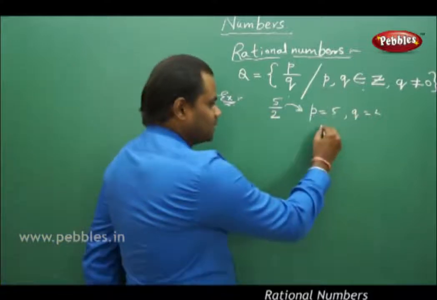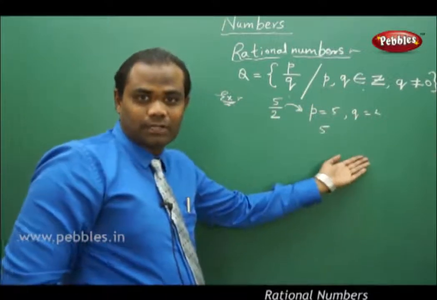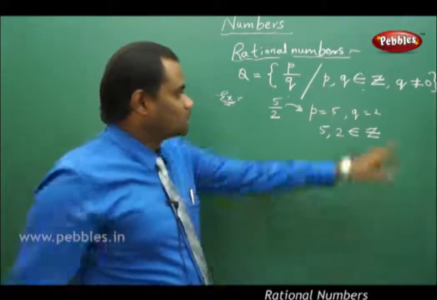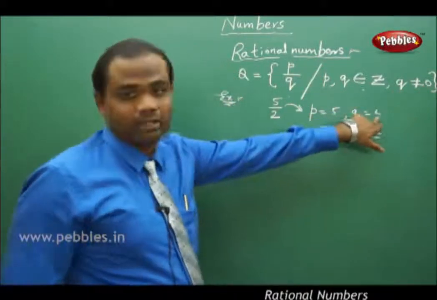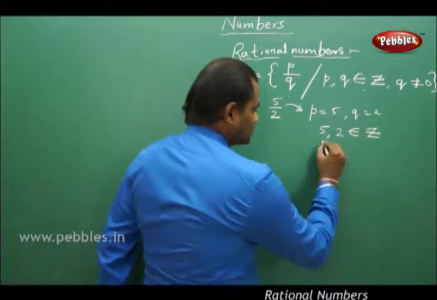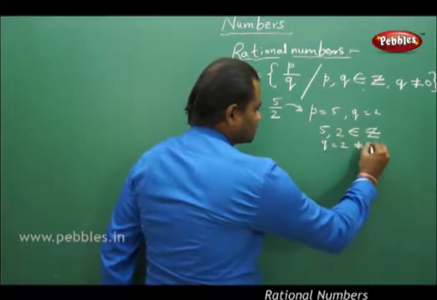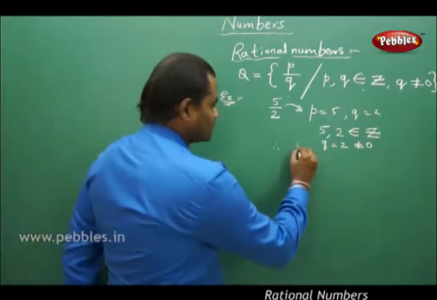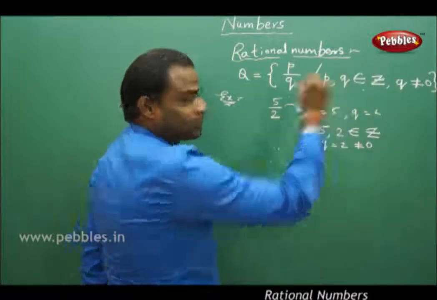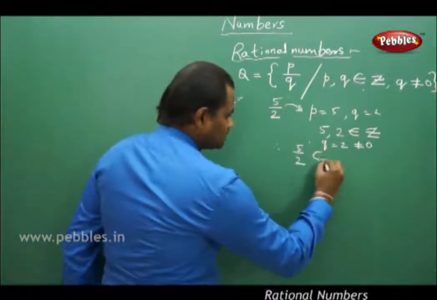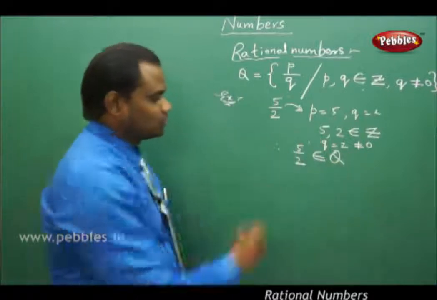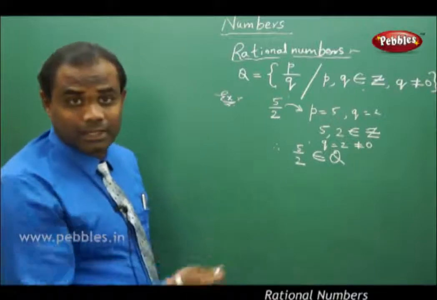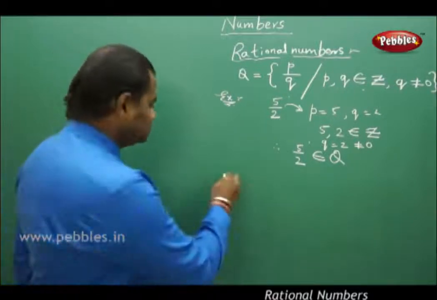I identify that 5 and 2 are integers, and I also identify that q, which is equal to 2, is not equal to 0. Therefore, according to the definition of rational numbers, 5 by 2 is a rational number which belongs to Q. Let me take one more example and see if that belongs to the rational numbers.